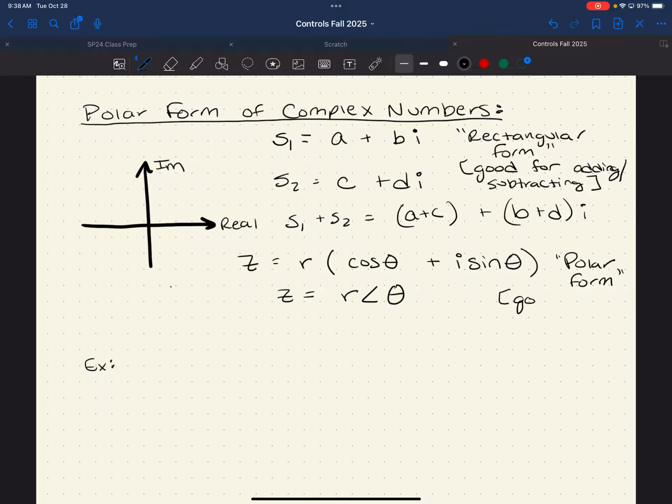So this is good for multiplying, dividing.